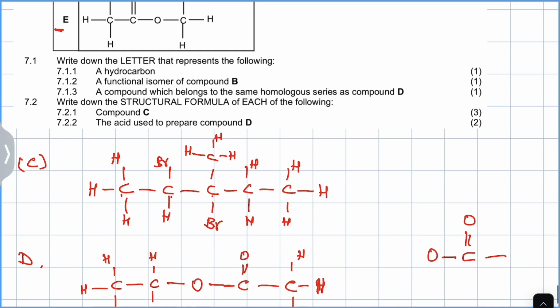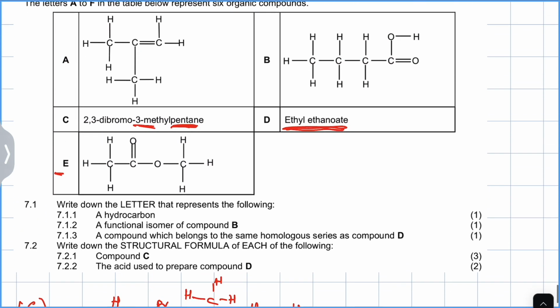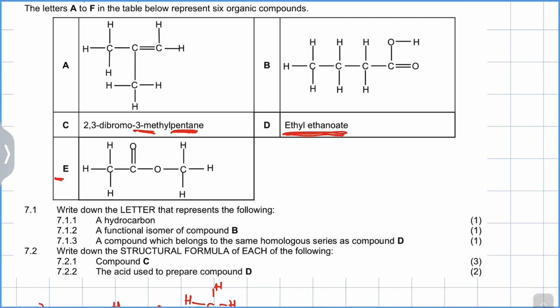We can start answering the questions. So the first question, write down the letter that represents the following. A hydrocarbon. A hydrocarbon is a compound that contains only hydrogen and carbon. So that will be compound A. A functional isomer of compound B. And compound B is a carboxylic acid.